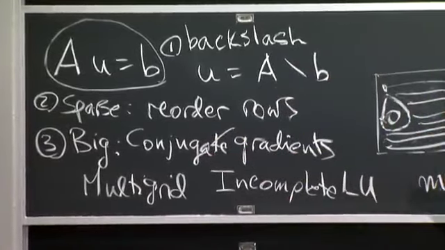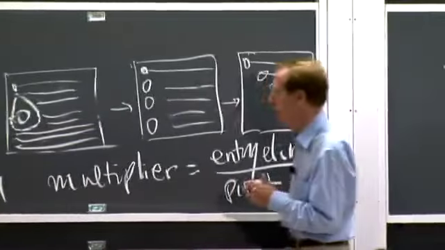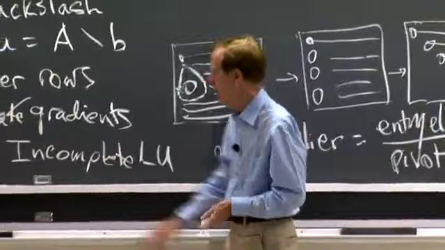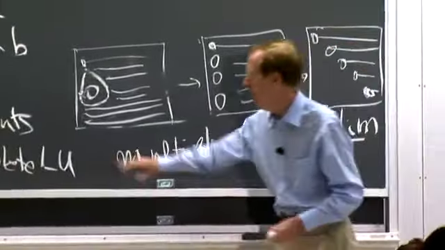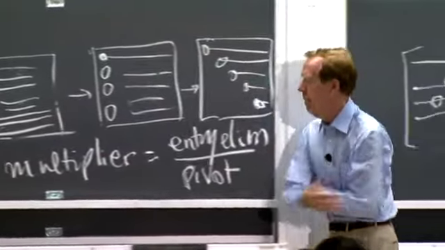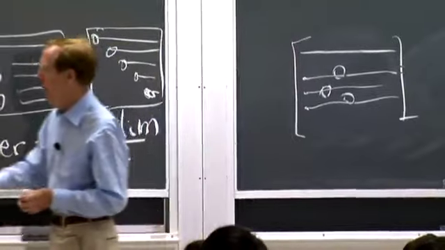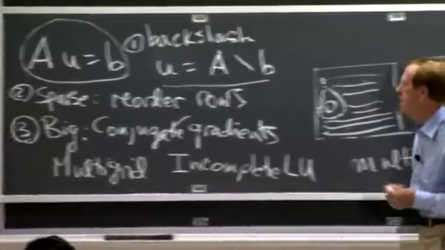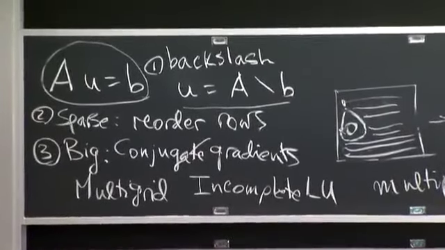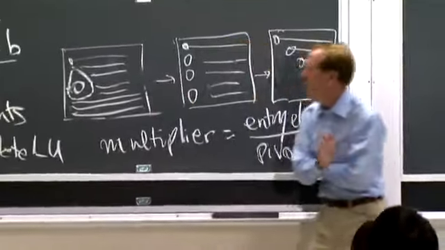Conjugate gradient method, that's a giant success in solving symmetric problems, large symmetric problems. Something called multigrid is terrific. Incomplete LU. So people have worked hard on ideas for solving problems so large that this becomes too expensive. But backslash is the natural choice. If you can do it, it's so simple. So let me focus on backslash.